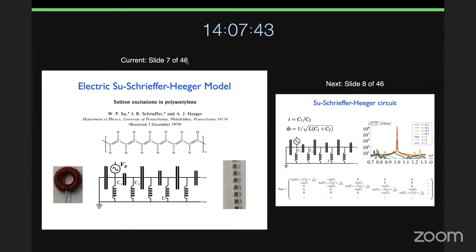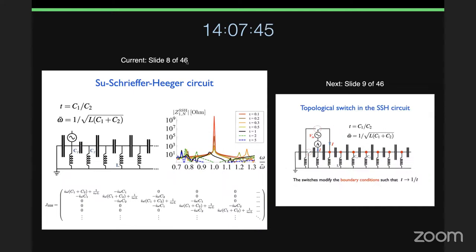The first work I ever did on circuits was for a class, and I wanted to solve the Su-Schrieffer-Heeger model. And when I wrote down the matrix, I noticed there were just -1s and 1s. So I felt there must be a pi shift to get the Su-Schrieffer-Heeger model. And then inductors and capacitors have a pi shift in their impedance. So that was the start of the field for me.